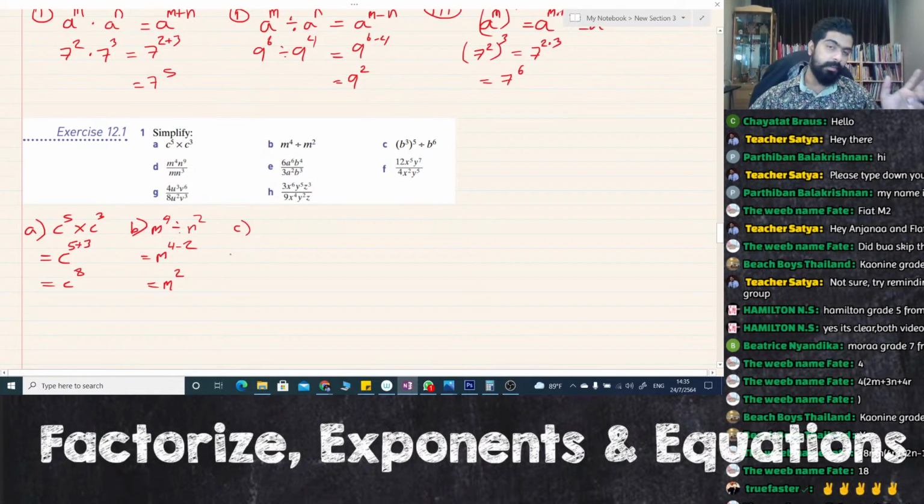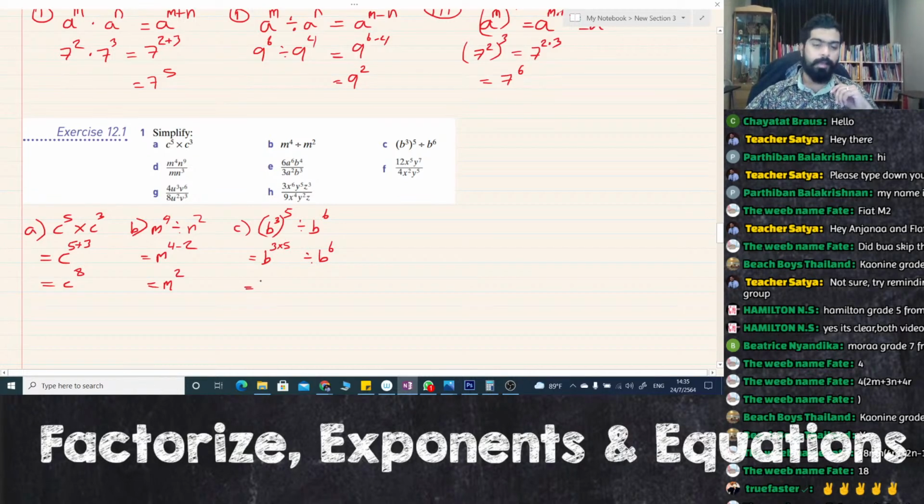Now let's go to question C. In question C, we'll be using law 3 and law 2. So we have b to the power of 3, raised to the power of 5, divided by b to the power of 6. Step number 1, we'll be breaking the brackets. So we would have b to the power of 3 multiplied by 5, divided by b to the power of 6, right, guys?